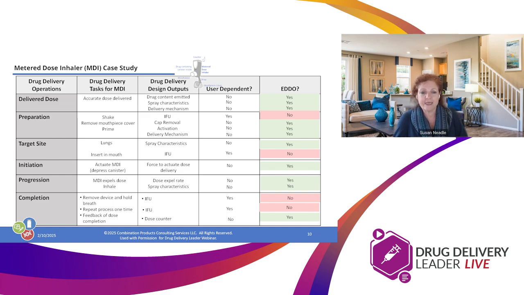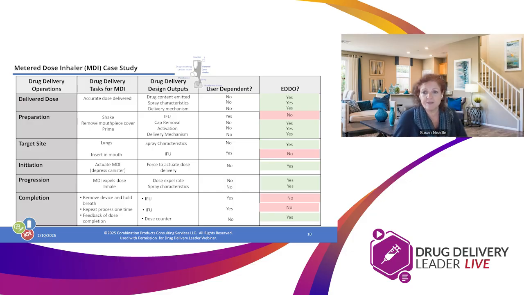The target site, well, I need to deliver it to the lungs, and I need to be able to insert the device in my mouth. So to be able to do that, the drug delivery outputs are going to be dependent on the spray characteristics and the instructions for use. So no, the spray characteristics are not user dependent.